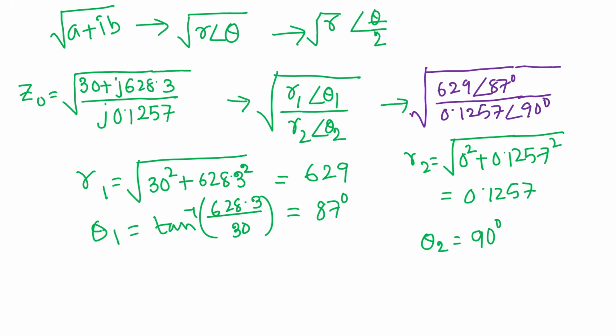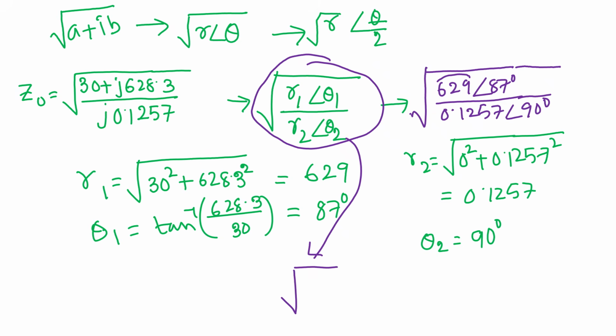Now what we can do is simply divide the two real parts. So this term can be rewritten as under root of r1 by r2, and angle theta 1 minus theta 2.